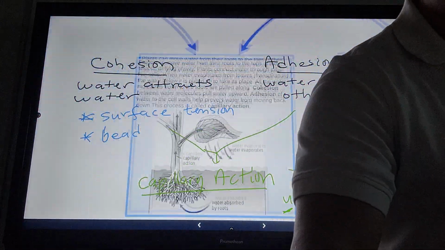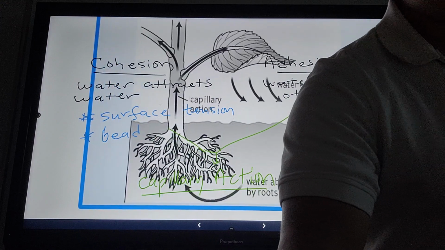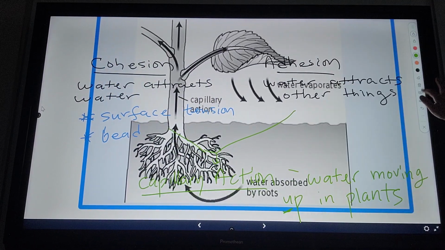Again, this is caused by both adhesion and cohesion working together.